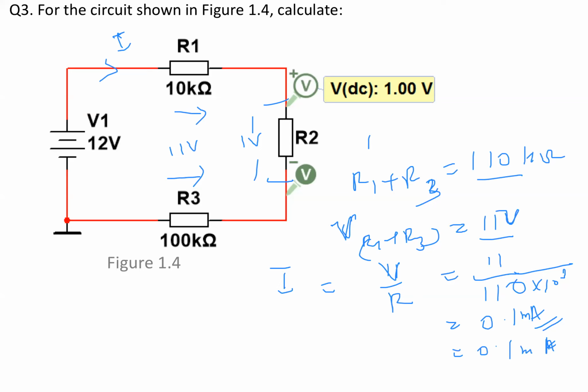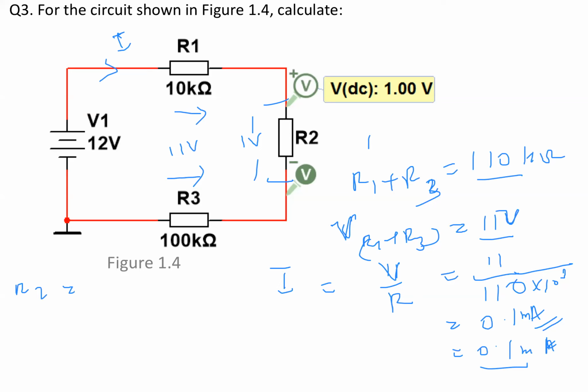Okay, now if that is 0.1 milliampere, can you guys find the resistance R2? Because now you know the voltage drop and you know the current. So you can easily put these two figures into Ohm's law and calculate the resistance, right?